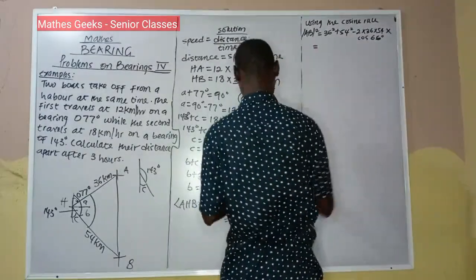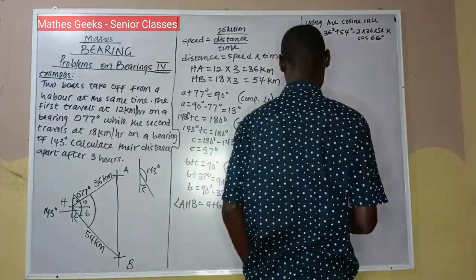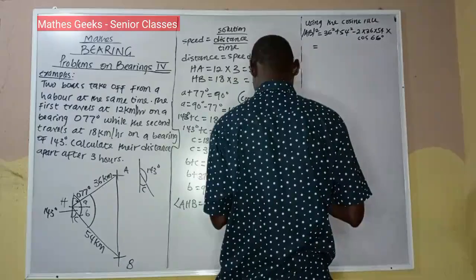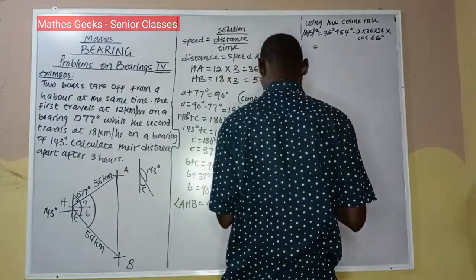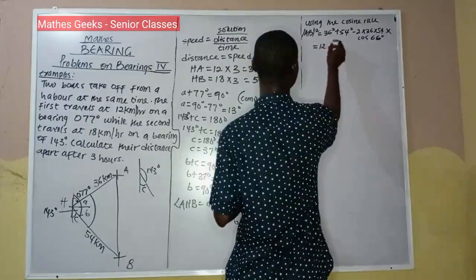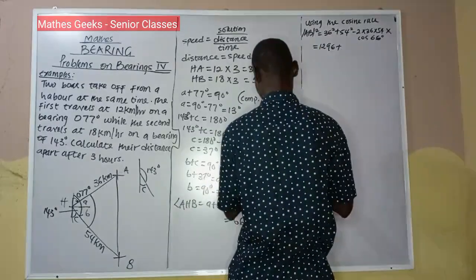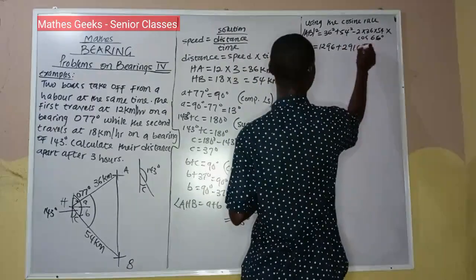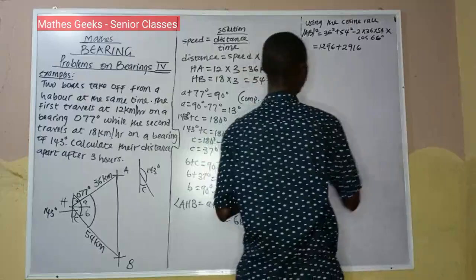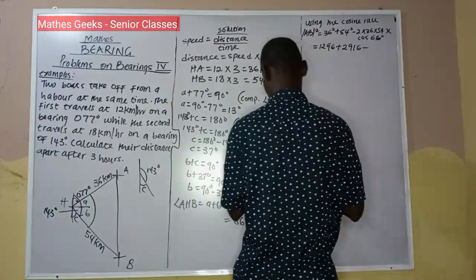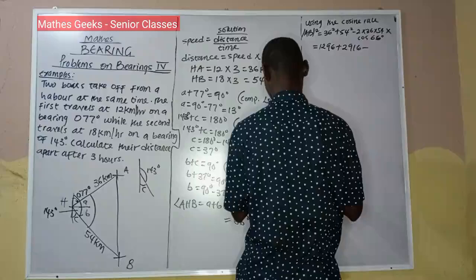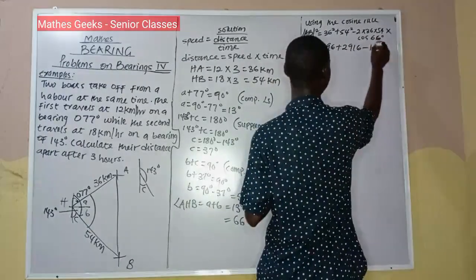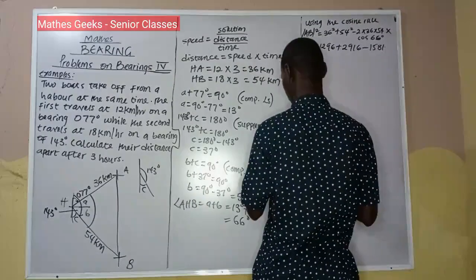So this is equal to 1296 plus 2916 minus 2 times 36 times 54 times cos 66, which is 1581.09.